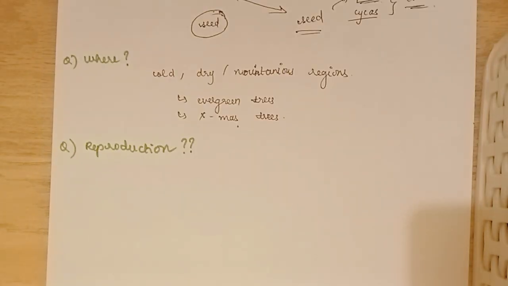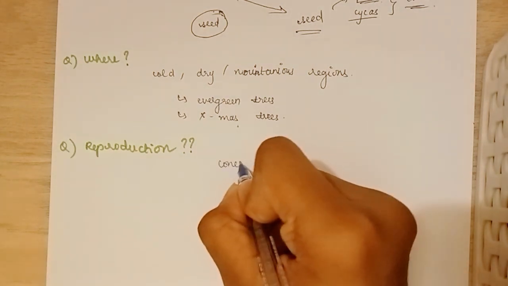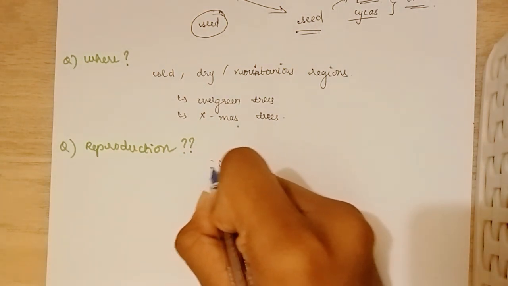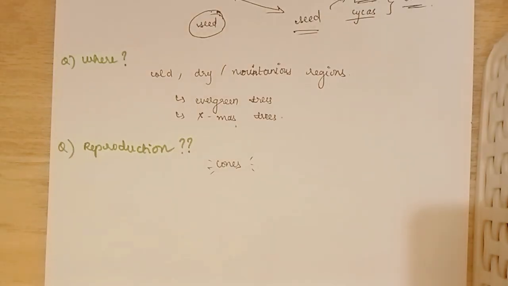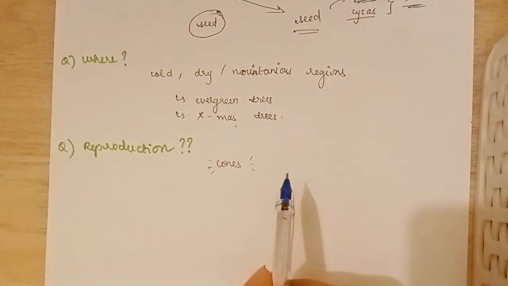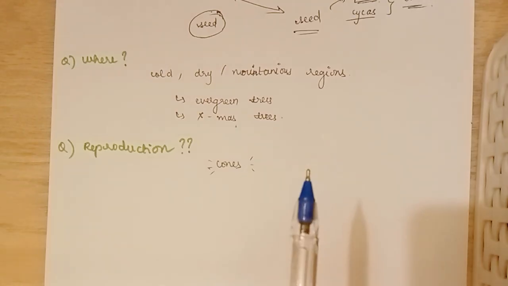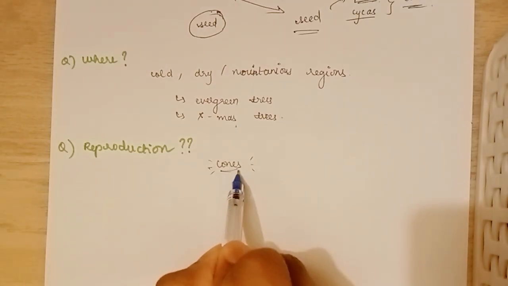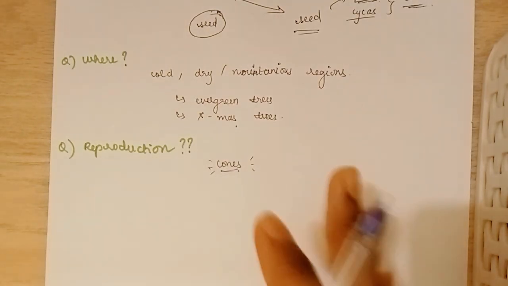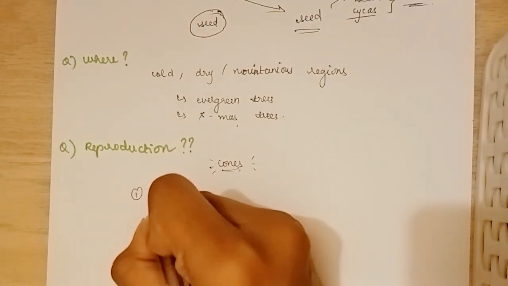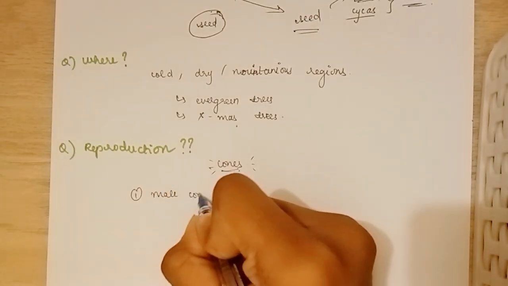Now, how do gymnosperms reproduce? Gymnosperms reproduce using cones and not flowers. We know angiosperms have flowers, and flowers are the reproductive parts of the plant, whereas here it is cones. Now, there are two types of cones. Number one is the male cones.